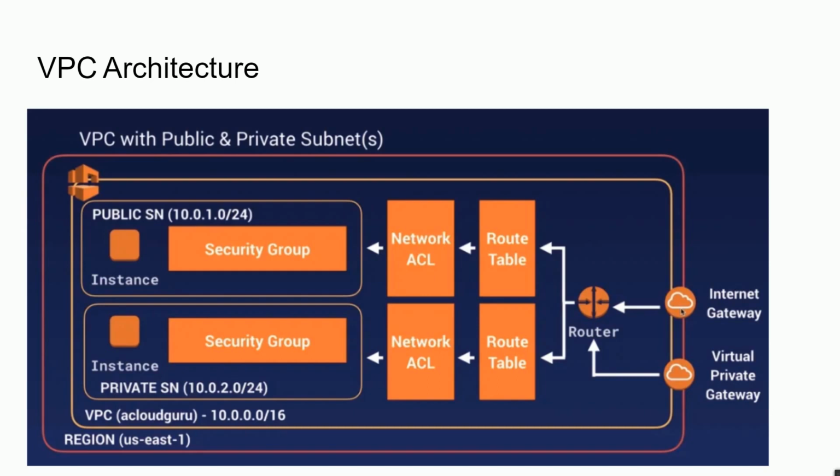So this is the VPC architecture. Your architecture would be different, but it should consist of public and private subnets, ACL, security group, route table, and all the things I mentioned here.